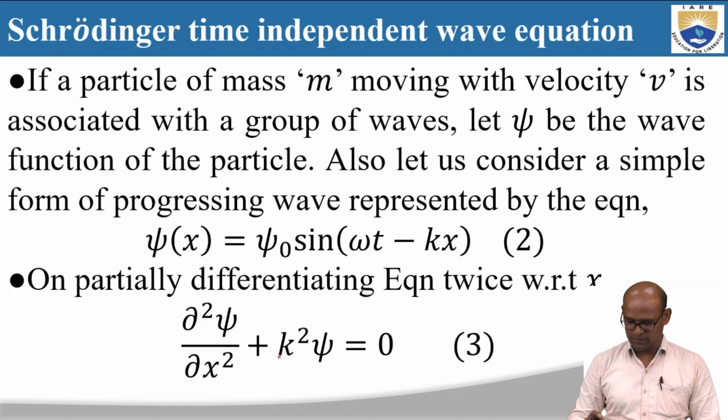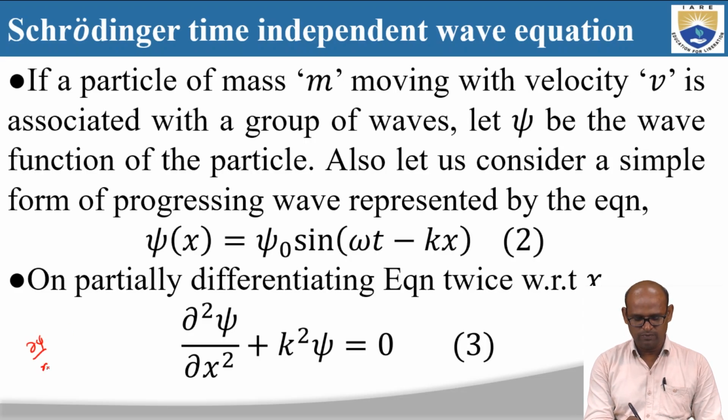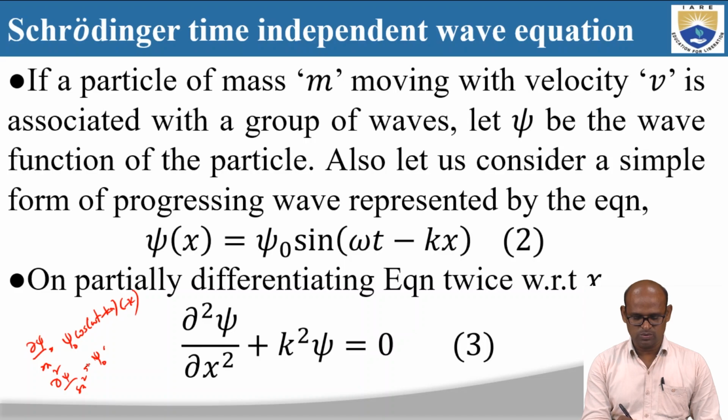Differentiating the wave function first, dou psi by dou t will be psi naught cos of omega t minus kx into minus k, and differentiating again, dou square psi by dou x square will be psi naught, sine will be minus, so minus sine of omega t minus kx into minus k, which gives plus k square.